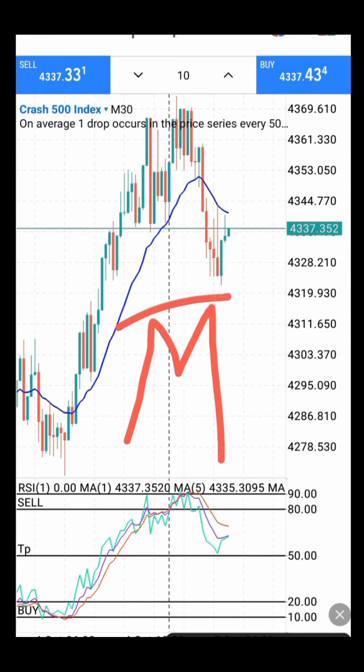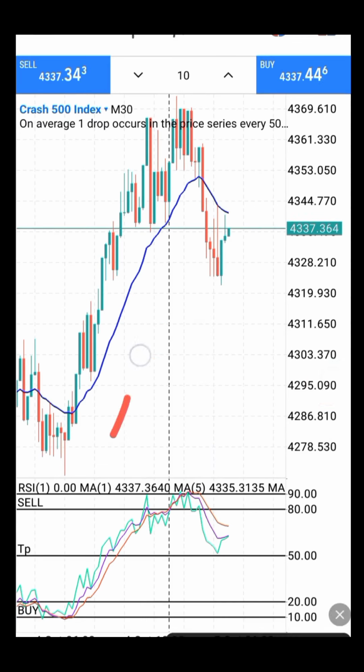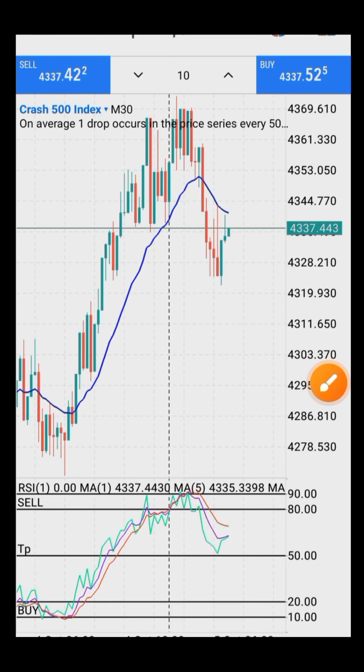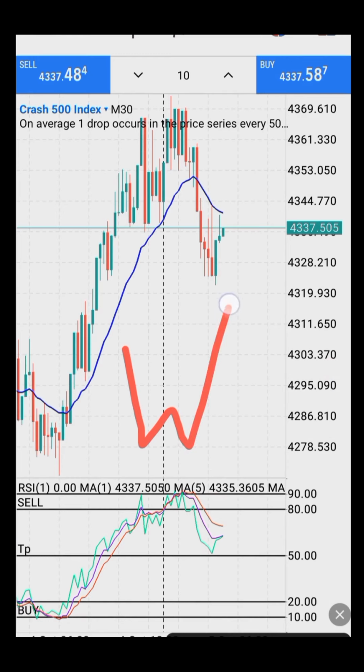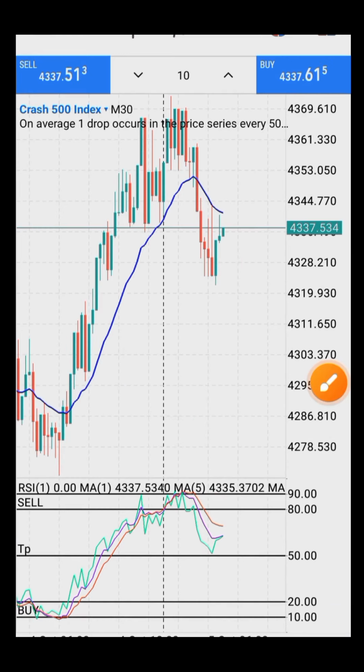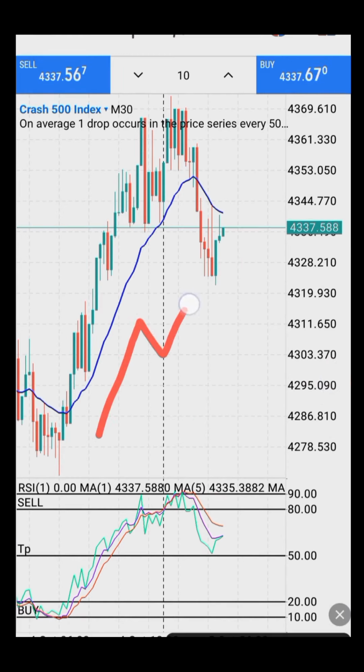When price is in an uptrend, it will tell you to sell, and price will go back to the entry point again before selling. Double bottom when you are buying and double top when you are selling. You understand? Take note of that.